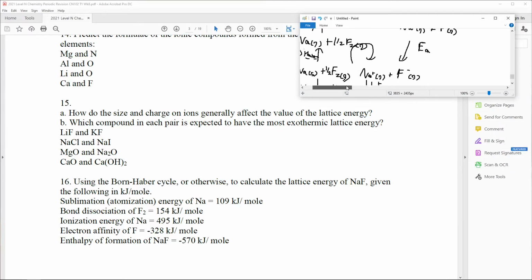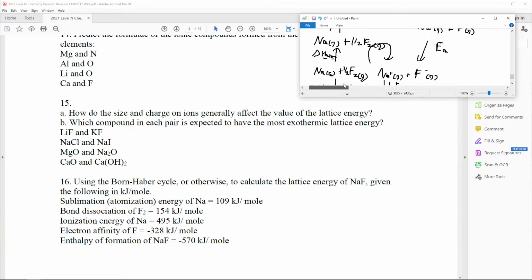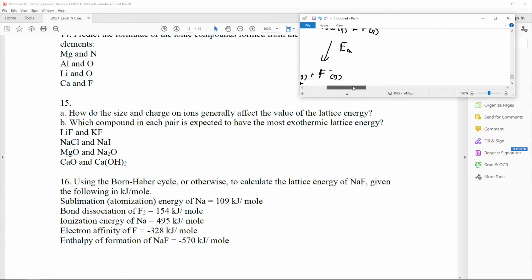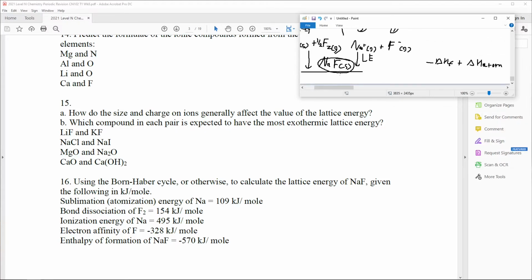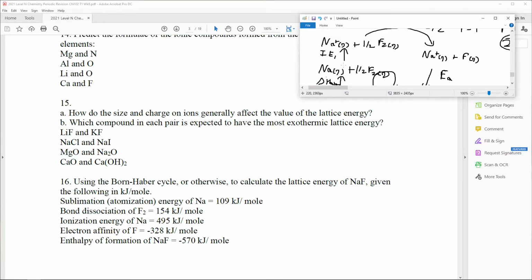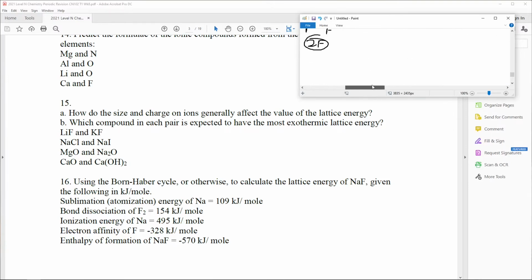If you have something like Mg2 plus, you have to be aware that you have to do the ionization energy again, and there are some things that you might end up needing to balance, especially when you have, let's say, MgF2 for example. You have an F2 over here, things that change slightly, and you might have to do certain stuff more than once.